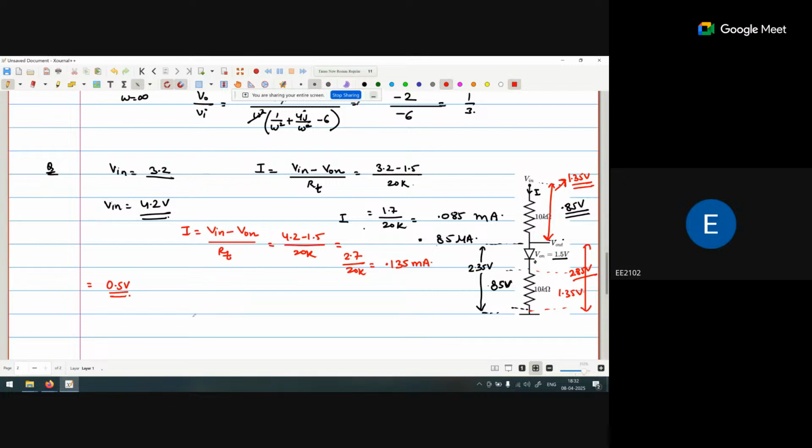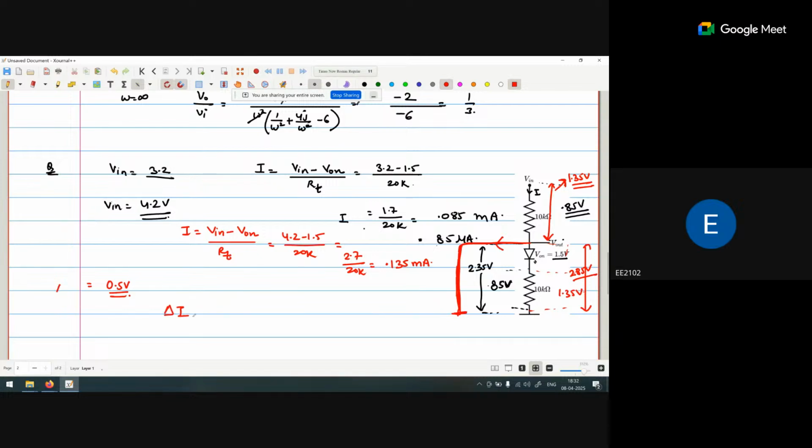Okay, now if I connect one load resistance as a short circuit, this is my load resistance connected as a short circuit. So when I change the input voltage, the difference across this particular resistance is 0.5 volt. So what is the current flowing from this one, del of I?